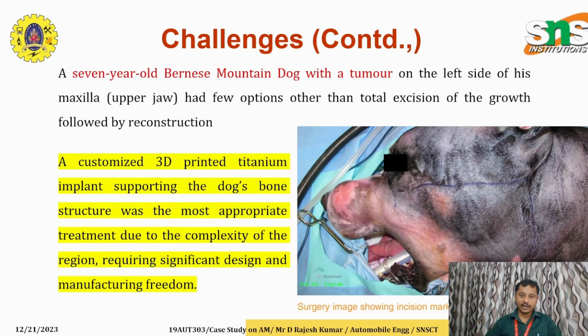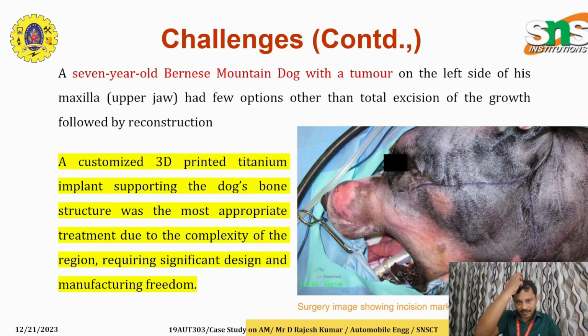So they measured the particular part, and they started to implant a customized design, a titanium printed implant, which can support the dog so that it can survive in the future.